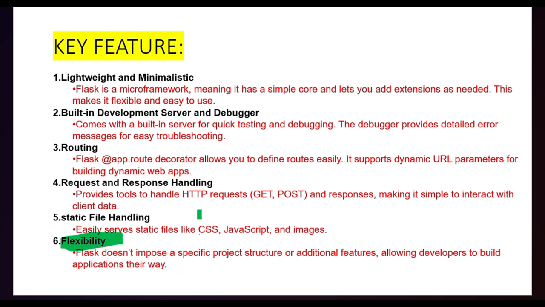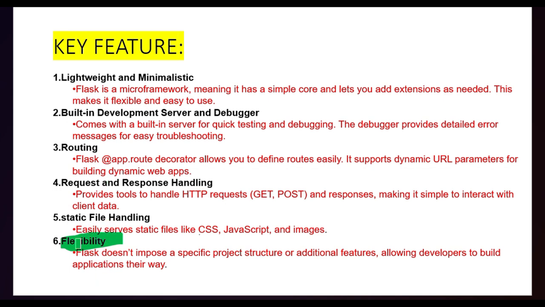The main use of Flask is this flexibility: developers can add whatever additional features they need, and since there is no specific structure, they can customize it. Flask is highly flexible and doesn't impose a specific structure or tools on developers. You can add only the features you need using extensions or libraries. You can structure a small project in a single file or use a modular approach for a large application.